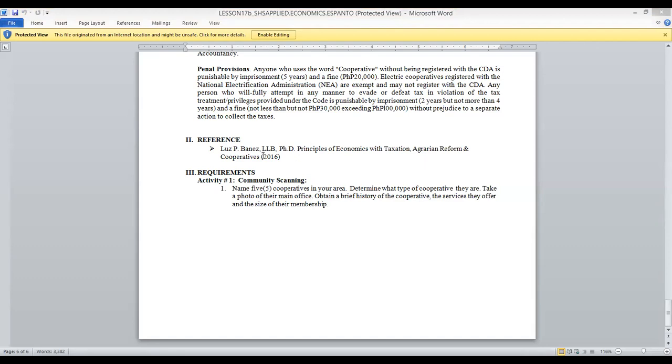So for week 17 requirements, we have activity 1, community standing. Name 5 cooperatives in your area, determine what type of cooperative they are, and take a photo of their main office. Obtain a brief history of the cooperative, the services they offer, and the size of their membership. So this is for our week 17 requirements.